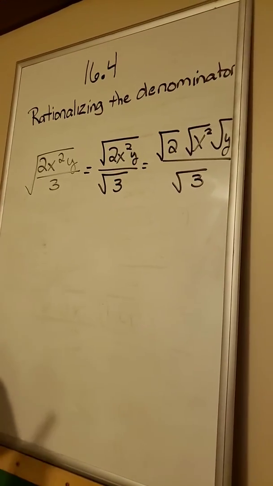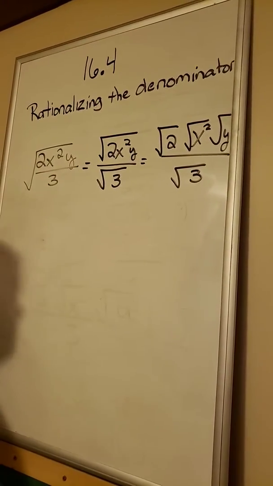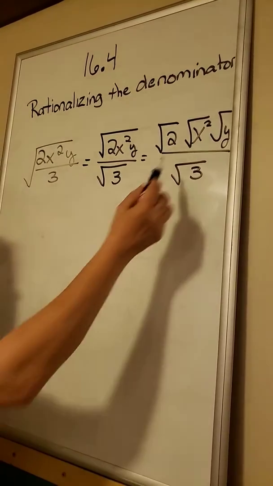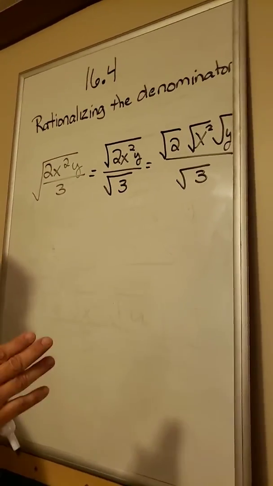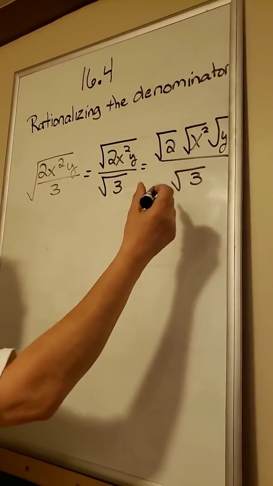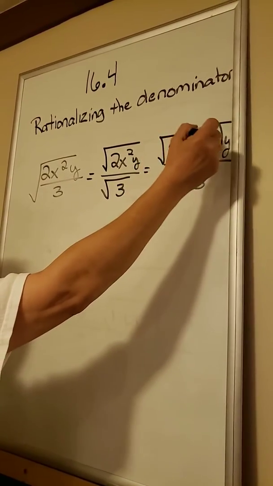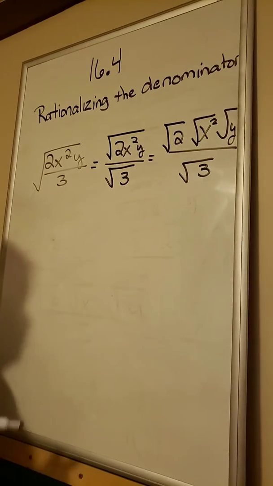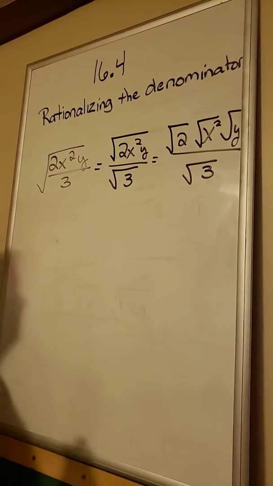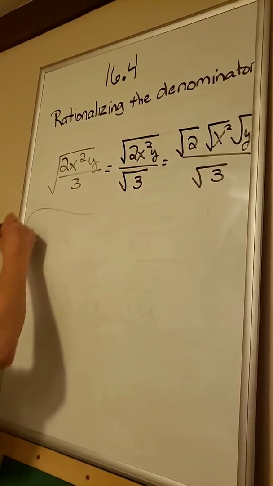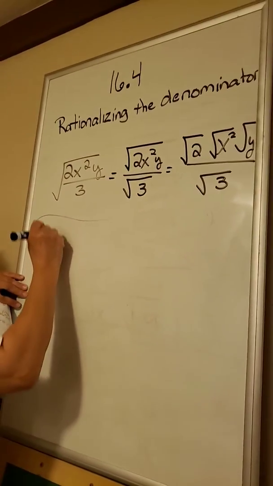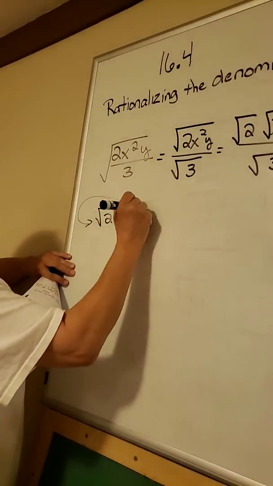Now, I told you way back in the beginning of the chapter that the radical undoes the square. They're opposite operations. So when you think about that, the radical cancels out the exponent of 2, leaving you just with x. So if I rewrite this, this is just going to be the easiest way for you to think about it.